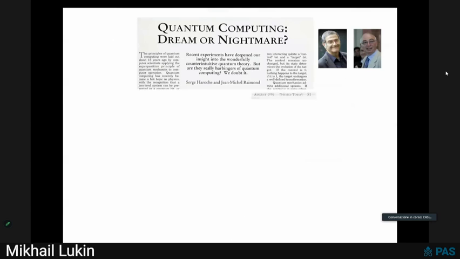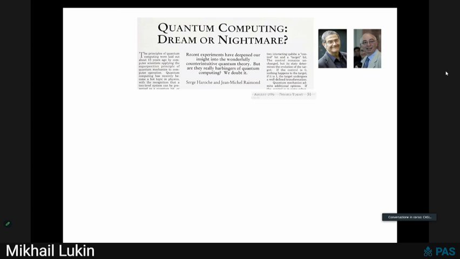In preparation for this talk, I recalled an article which was much discussed in the late 1990s, written by people who were at the time leading experts in experimental quantum entanglement.